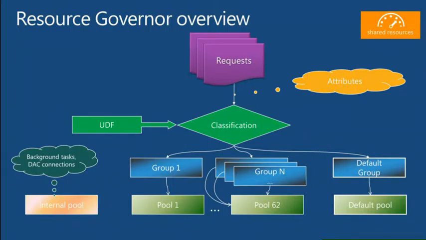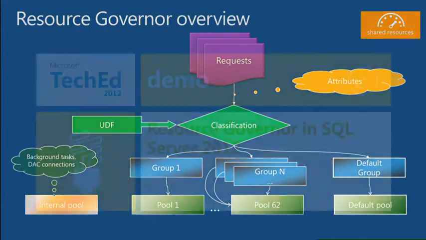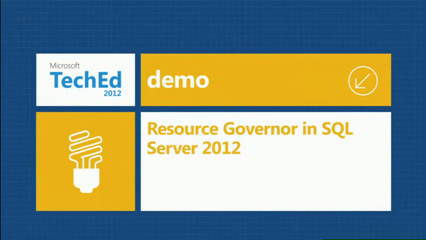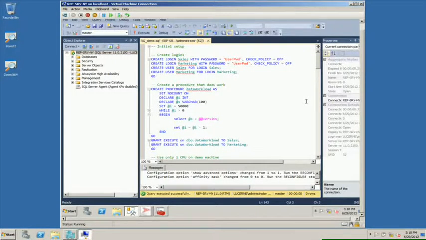So let's look at that in action. Let's suppose you're running a centralized database service in your private cloud, and there's two departments that are using the same database, let's say sales and marketing. You do internal charging for resources. The sales department always want the resources that they need.